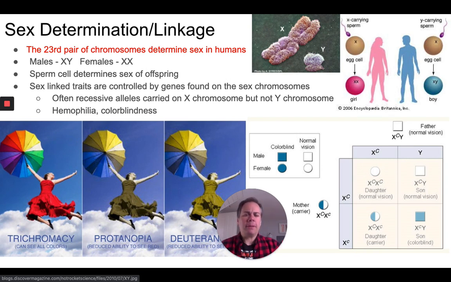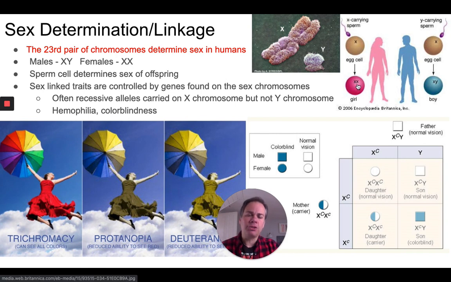Typically, what we see in this pattern is that recessive sex-linked characteristics are more common in males than in females. That's because males have only one X chromosome, so for them to inherit a recessive disease or trait, they only need to inherit one copy.